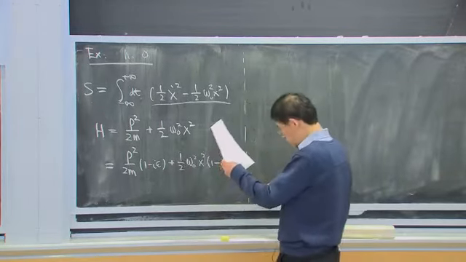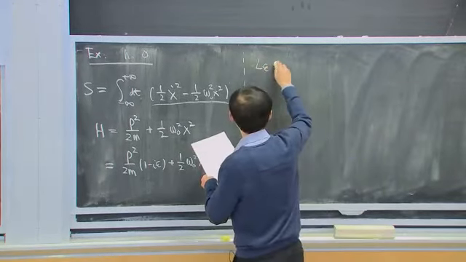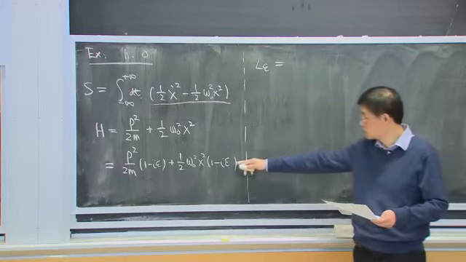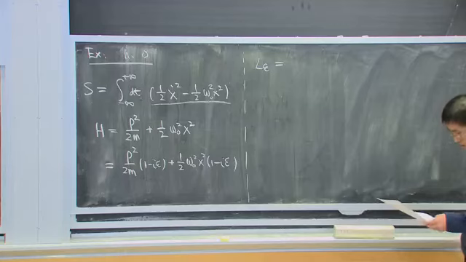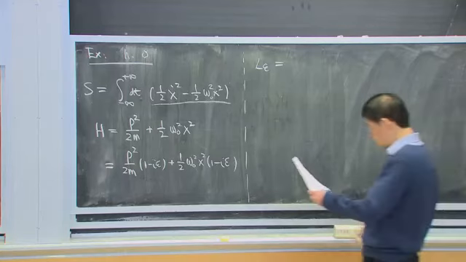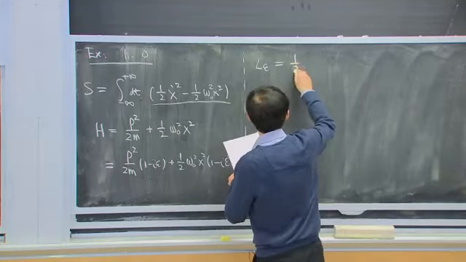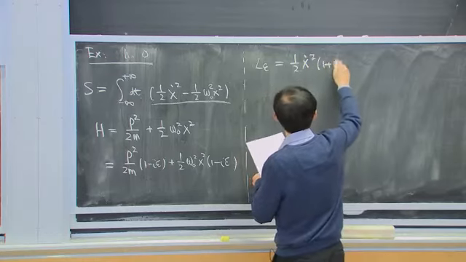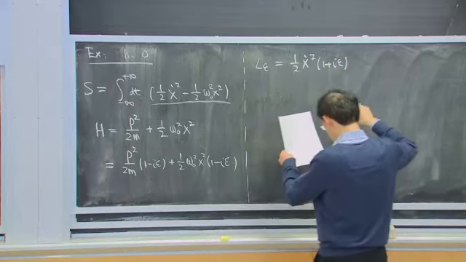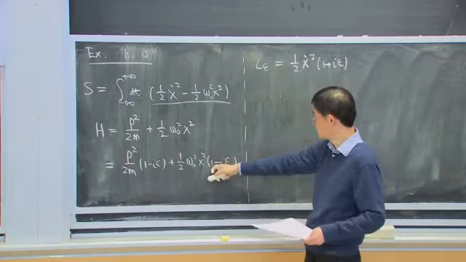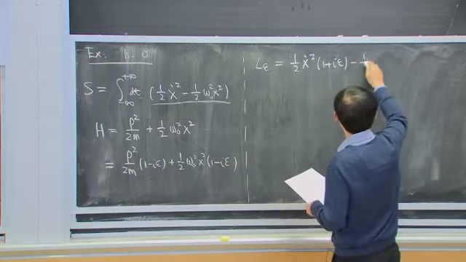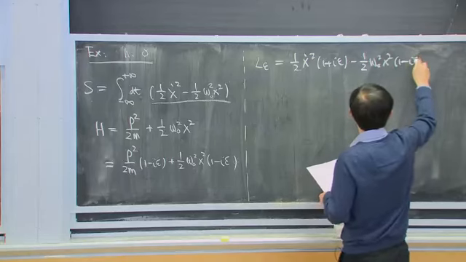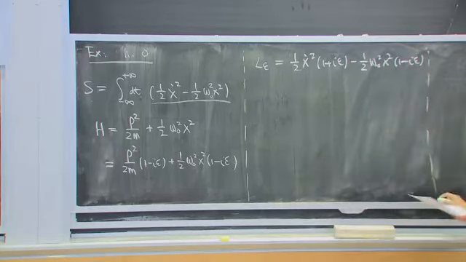So then you find L epsilon, corresponding to the Legendre transform of this. This is a trivial exercise which we can do. You find 1/2 x dot squared times (1 plus i epsilon), and this part essentially does not change: minus 1/2 omega 0 squared x squared times (1 minus i epsilon).